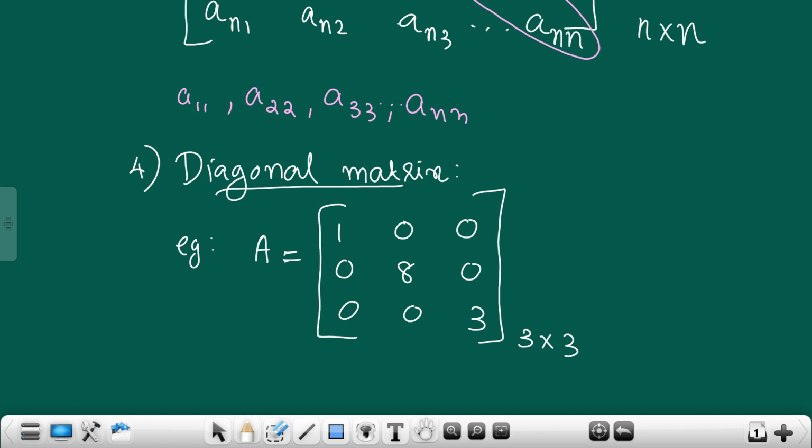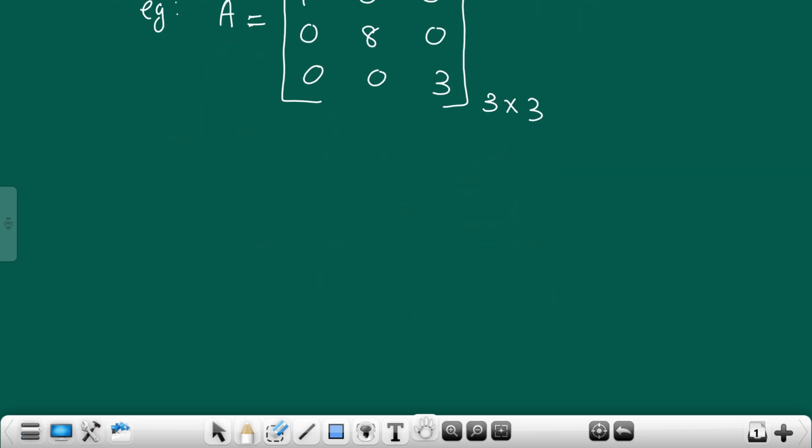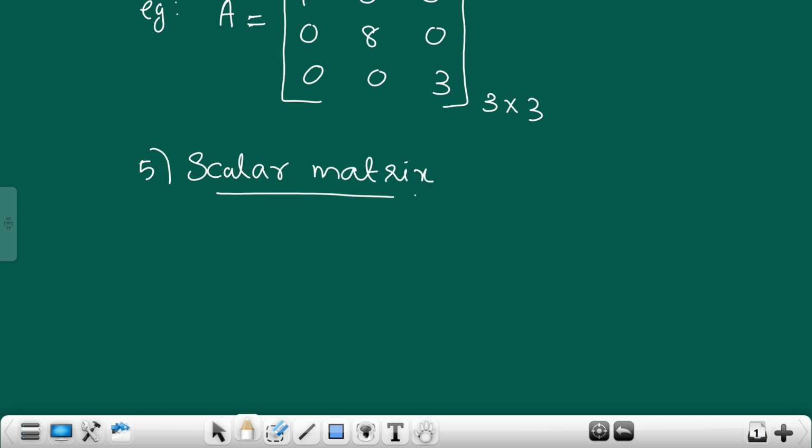Next, scalar matrix, the fifth one. A square matrix is said to be a scalar matrix if the diagonal elements are equal and the non-diagonal elements are 0.